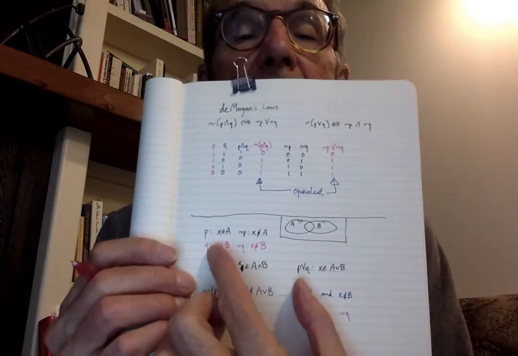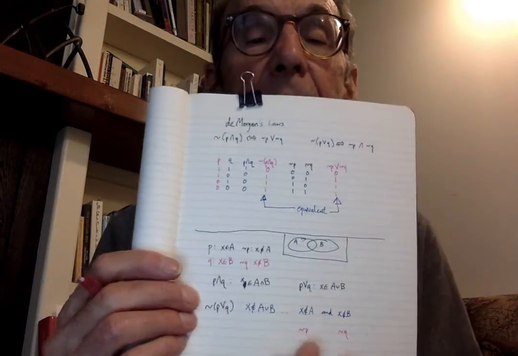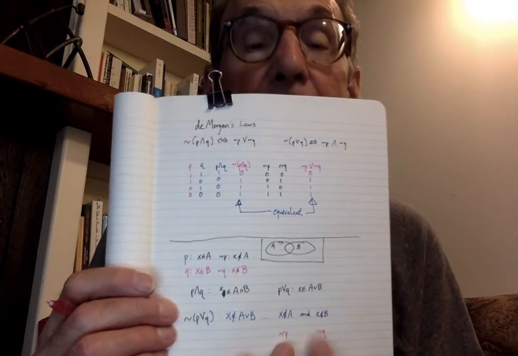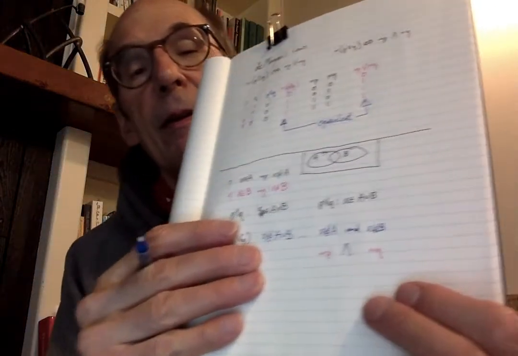If x is not in A, that's the negation of P. And if x is not in B, that's the negation of Q. So what I've done is taken these definitions of P and not P and applied them to this statement about the sets A and B. And "and" is just and, so I'll put in the caret for and.